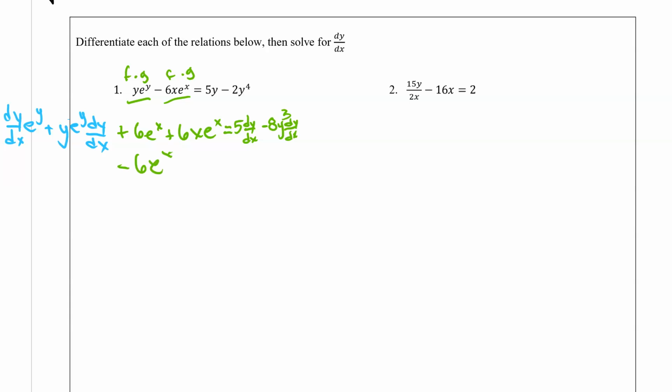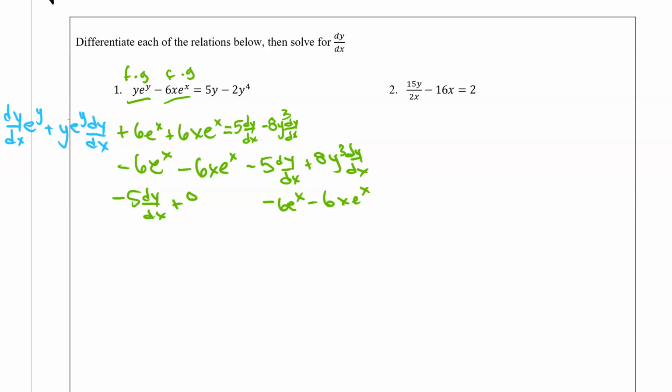So move our terms around. No like terms. So we're just going to go down the line here.